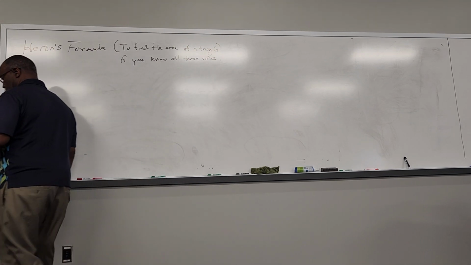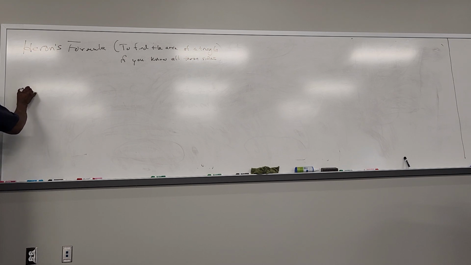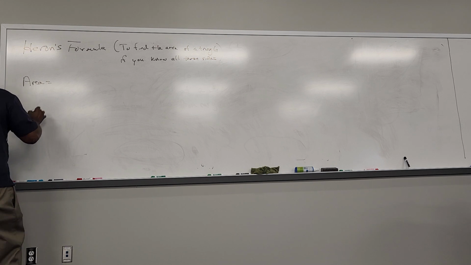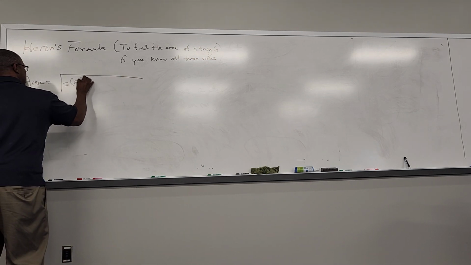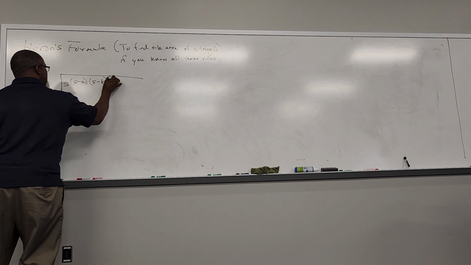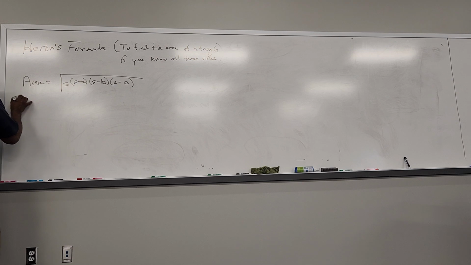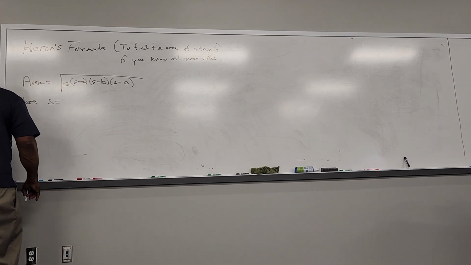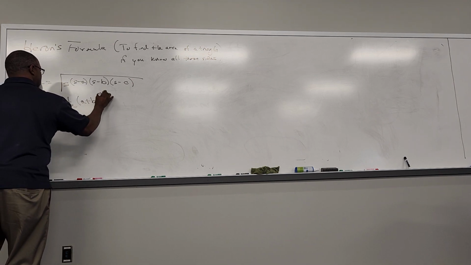It says that the area is equal to the square root of S times (S minus A) times (S minus B) times (S minus C), where S is equal to 1/2 of (A plus B plus C).